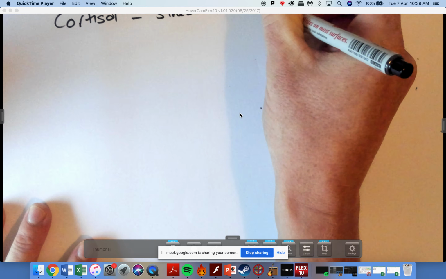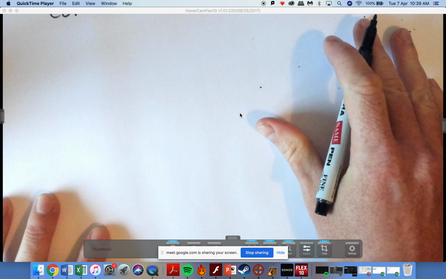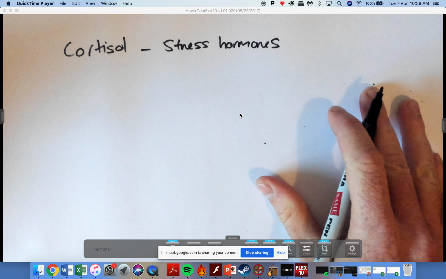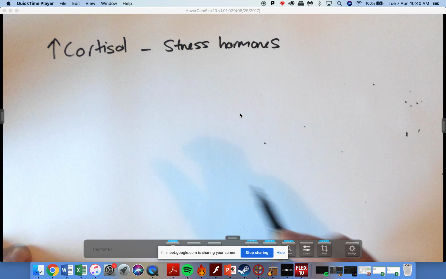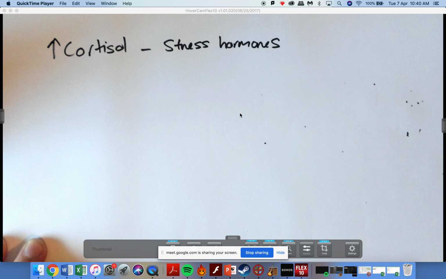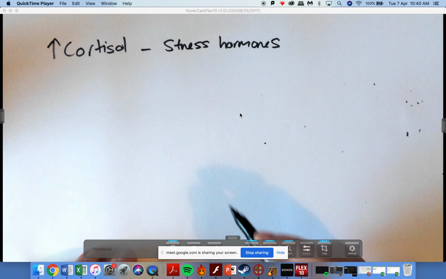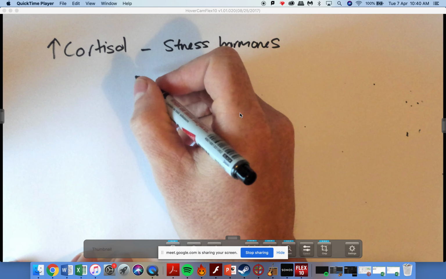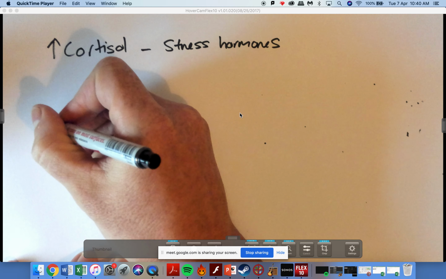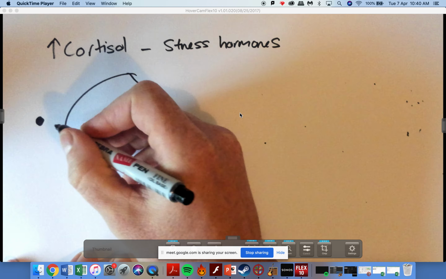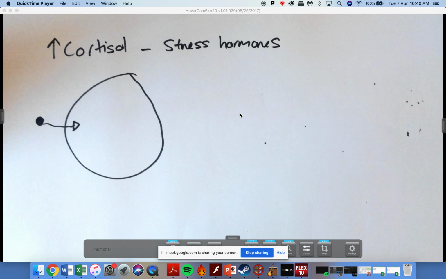So stress causes an increased cortisol, it's a sign of stress, and it does the same thing. So again, cortisol can, if we're thinking about it as a molecule, it can diffuse through.